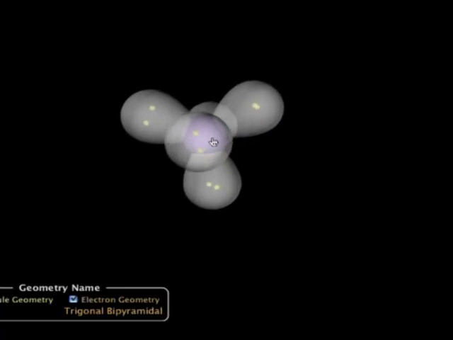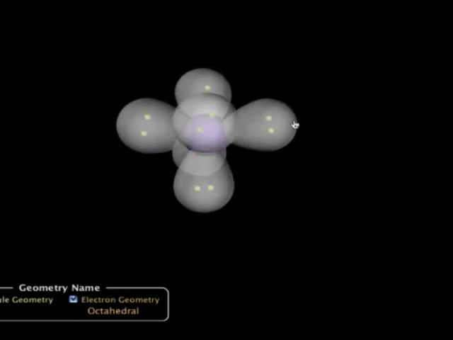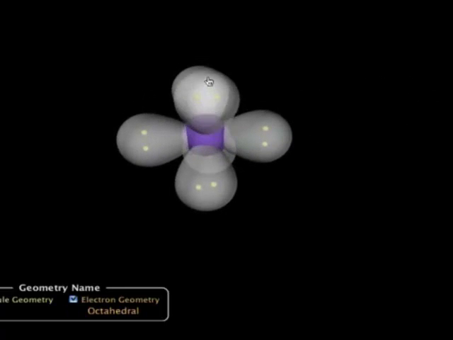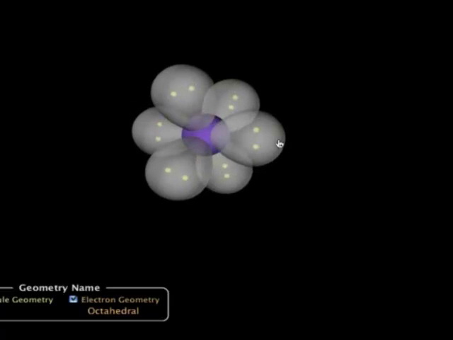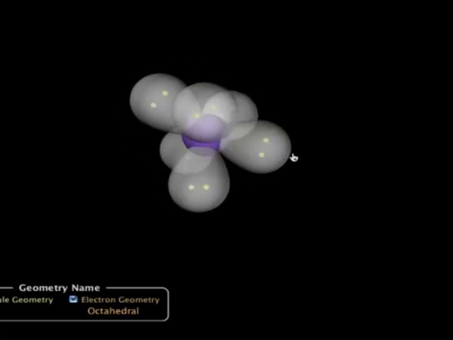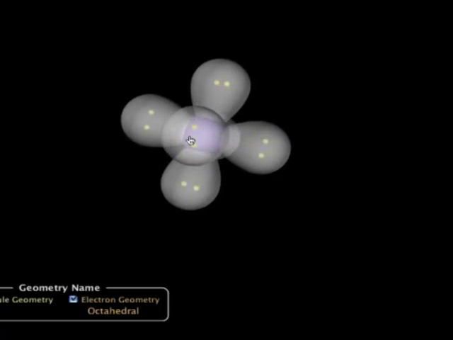We'll talk more about that shape later. If I have 6 regions of electron density, 6 globs, I've got what's called an octahedral shape. This is like the tetrahedral. It's symmetrical in all directions, and the outsides of the globs are the vertices of an octahedron.